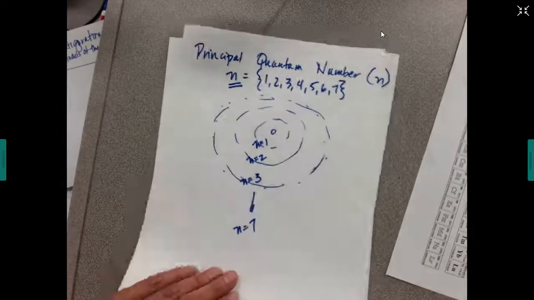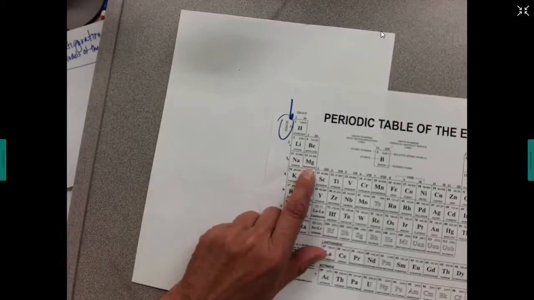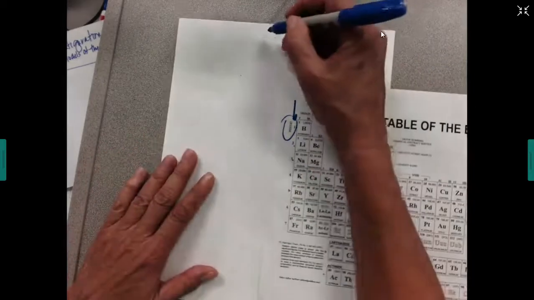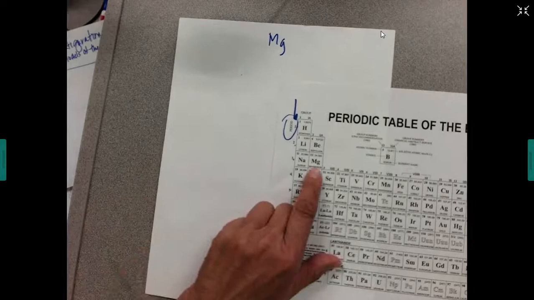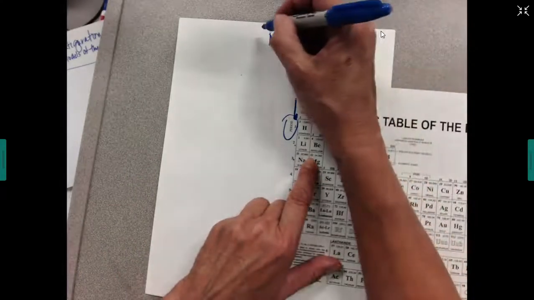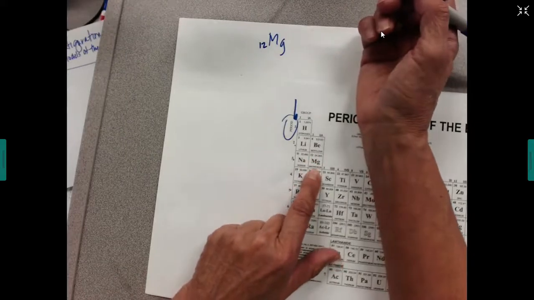All right, so based on that idea, we can take something simple. Let's look at magnesium here on the periodic table. If we were going to draw a basic Bohr depiction of magnesium, magnesium is element number 12, so it has 12 electrons and 12 protons.